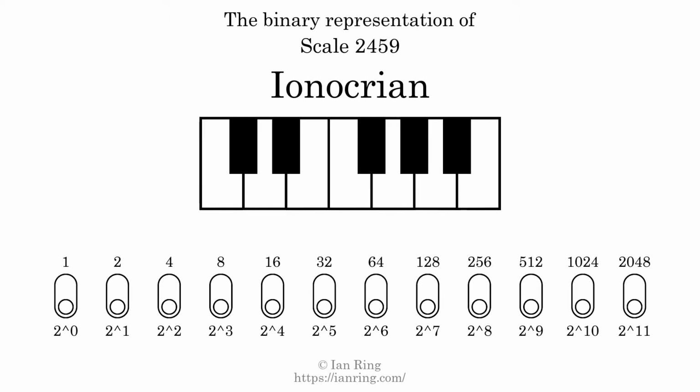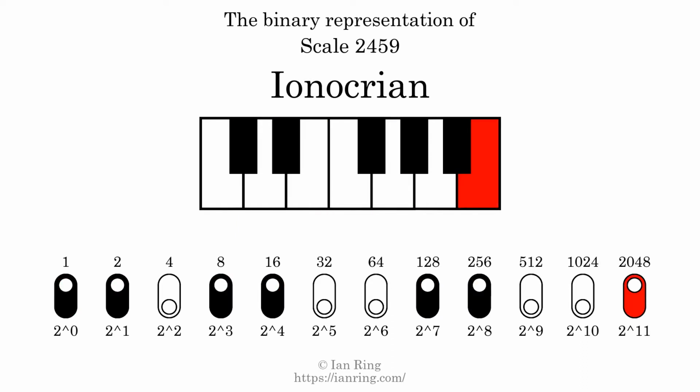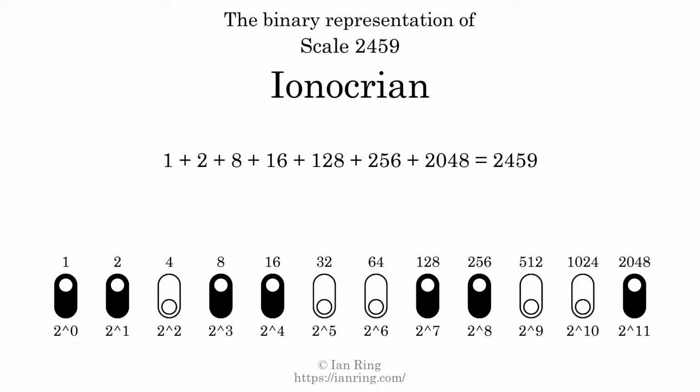The binary representation of this scale is determined by mapping tones of the scale to binary digits. Each binary digit represents a power of 2. To get the scale number, we add the powers of 2 together. The powers of 2 that are present in the scale, all added together, equals 2459.